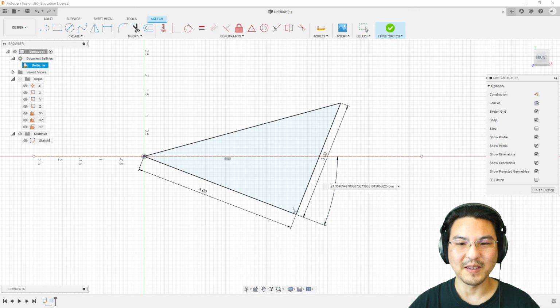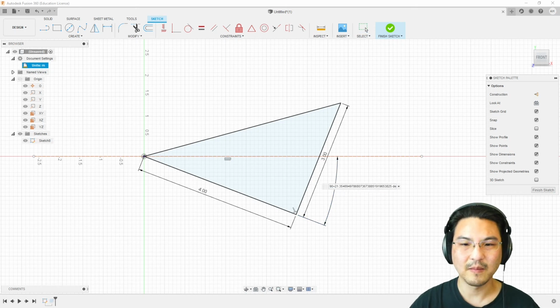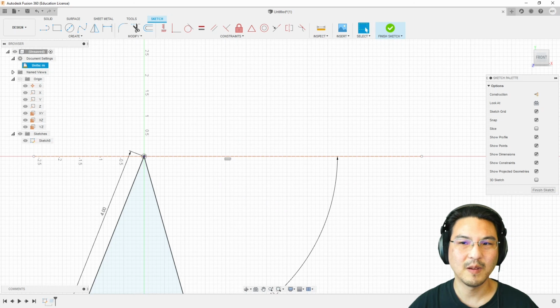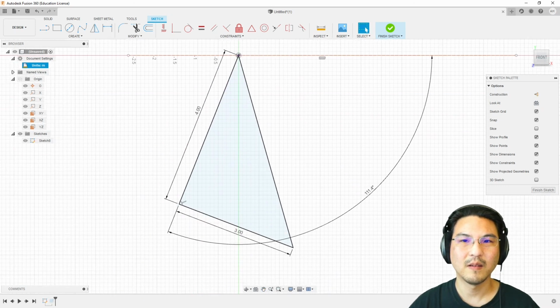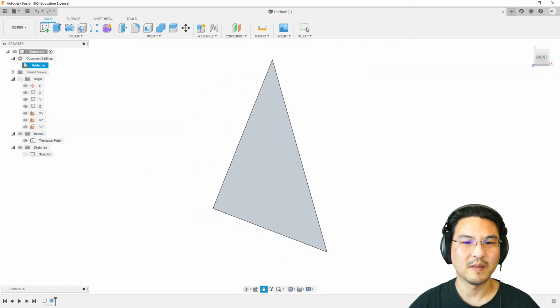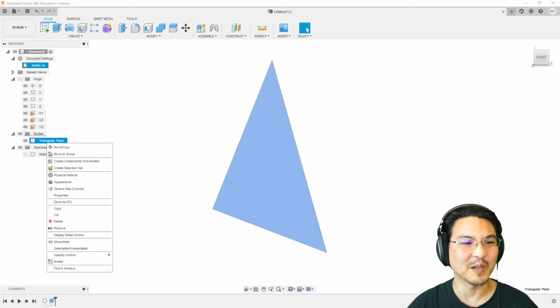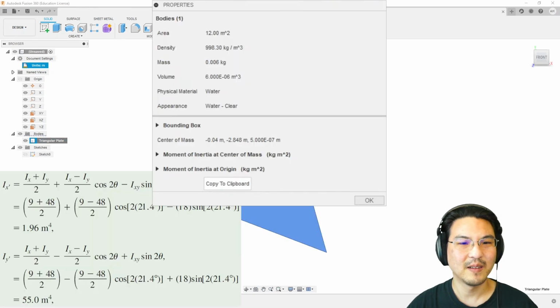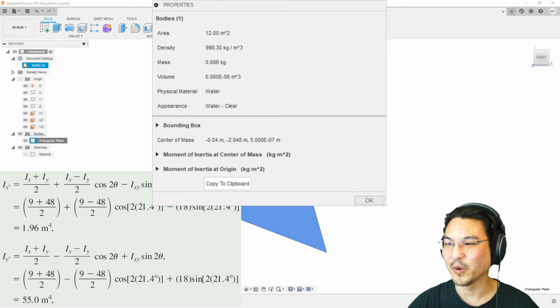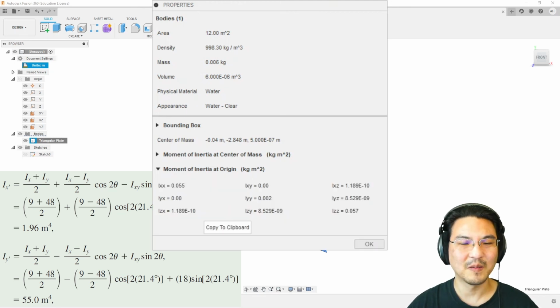So here I'm just going to add 90. Okay. Here. So now what we're expecting is Ix will be 0.055, Iy will be 0.002 here, and the product of inertia still 0.